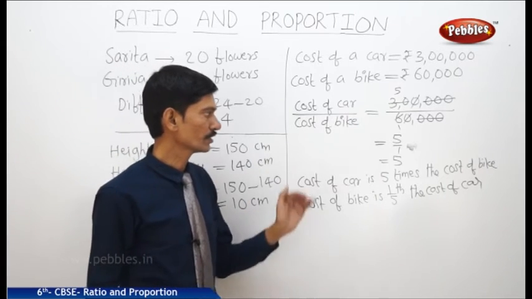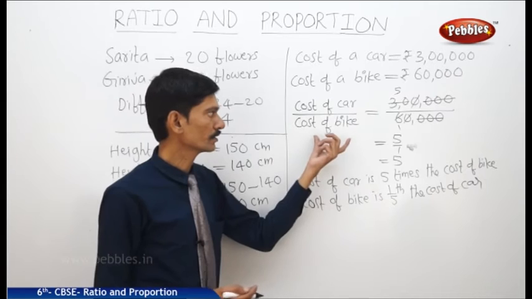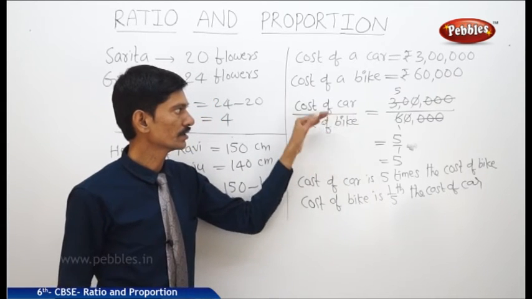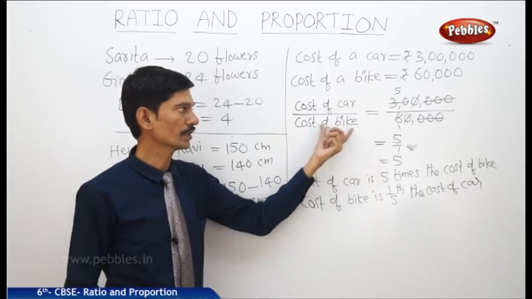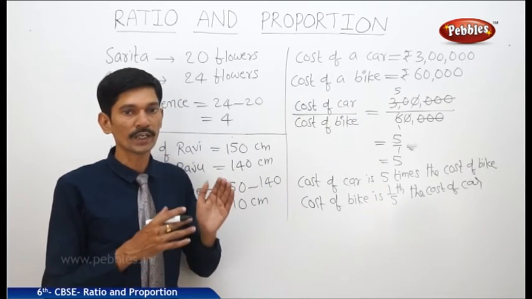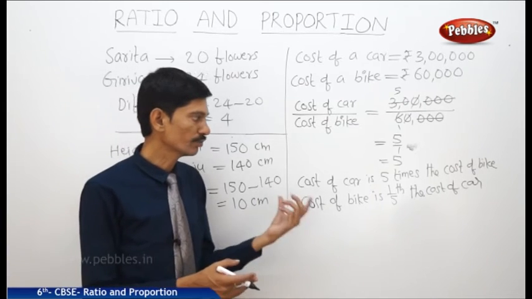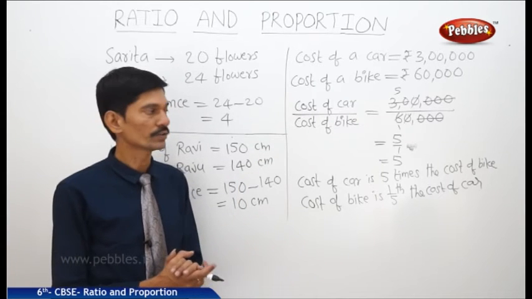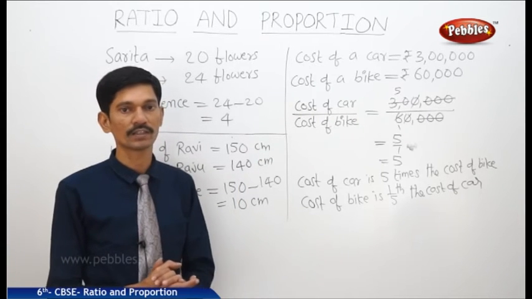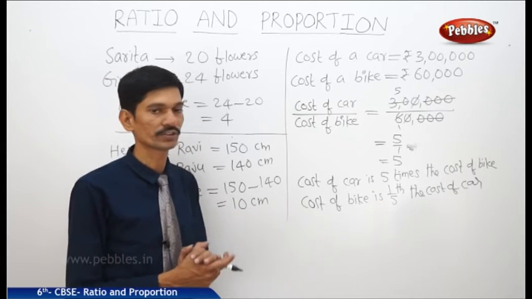Now here we have divided the first quantity by the second quantity and we got how many times the first quantity is more than the second quantity, or how much part the second quantity is in the first quantity. So this comparison is called the ratio.